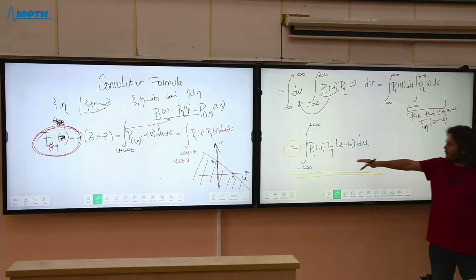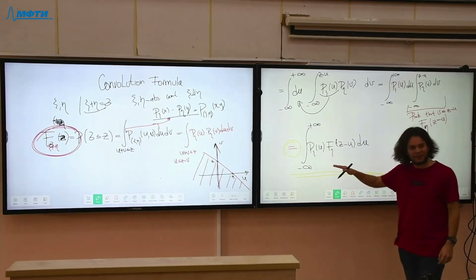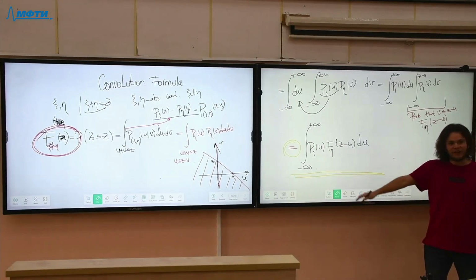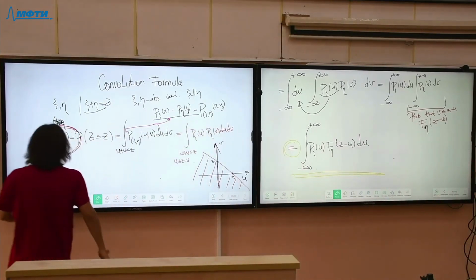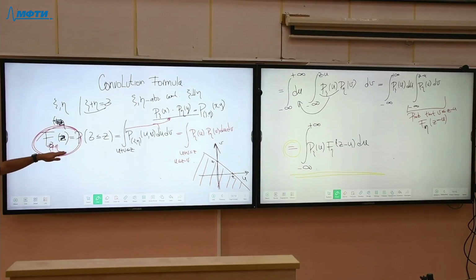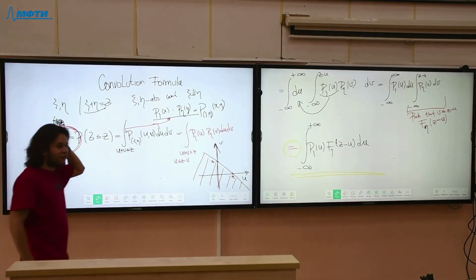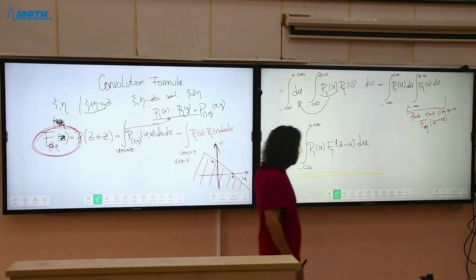Now, if F is differentiable, then we can find the derivative of both sides. The derivative of the CDF is the PDF.